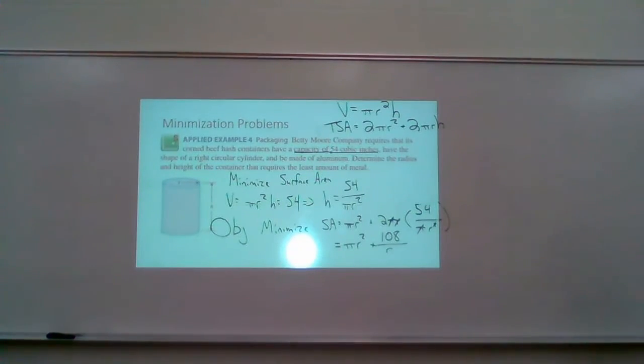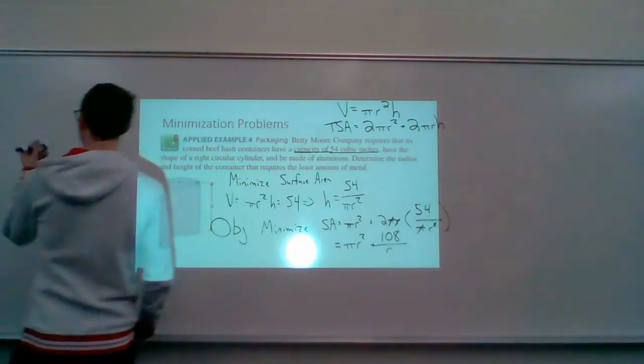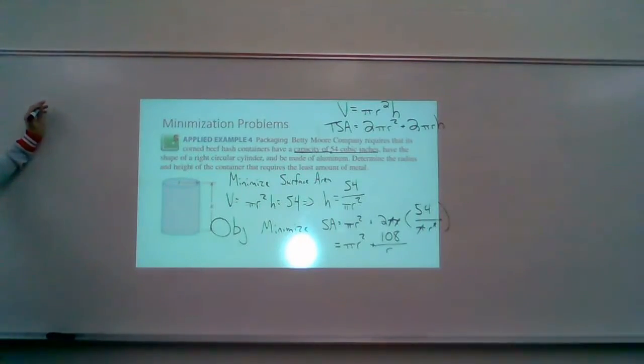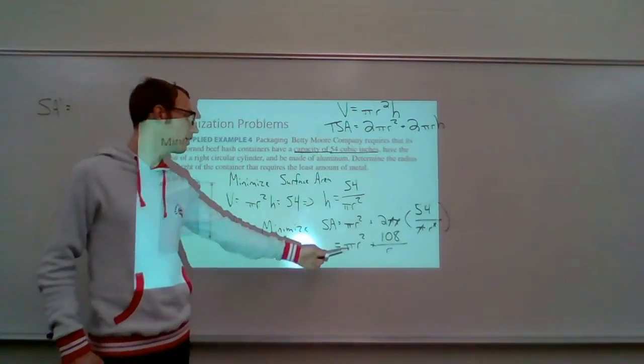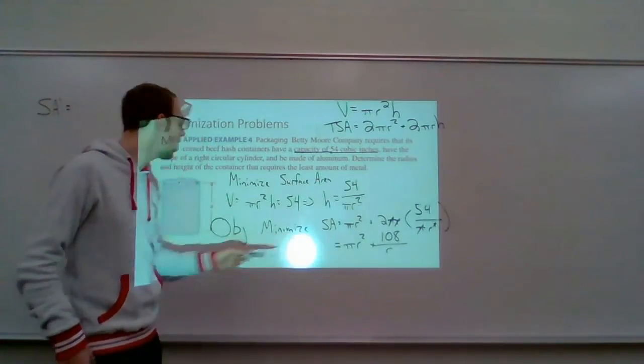So, surface area, its derivative. Let's see, am I still in bounds here? Yes, I am. So let's see, the derivative here with respect to r is going to be 2 pi r.